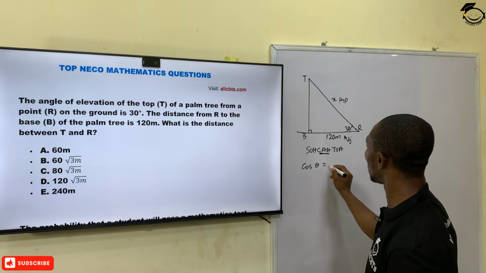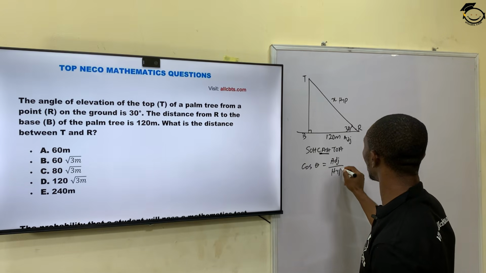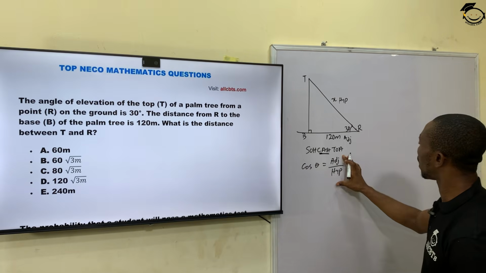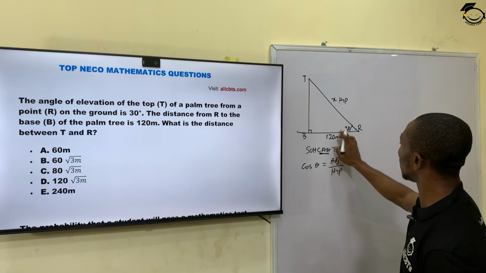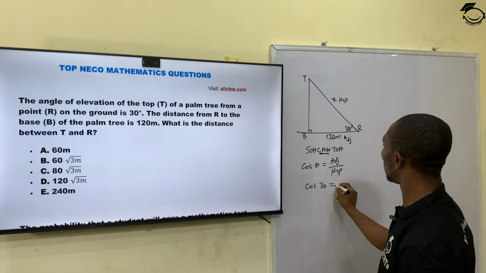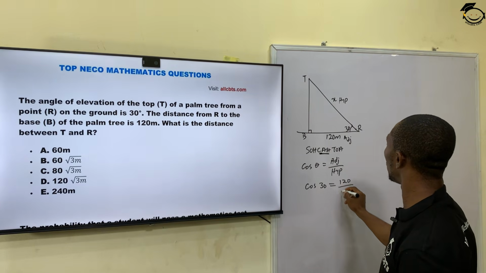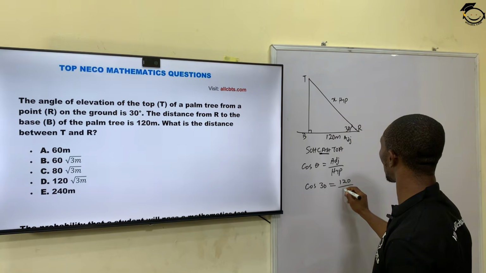Cos theta equals adjacent over hypotenuse. Our theta is 30 degrees. So this gives us cos 30 equals adjacent, which is 120, all over hypotenuse, which is x.